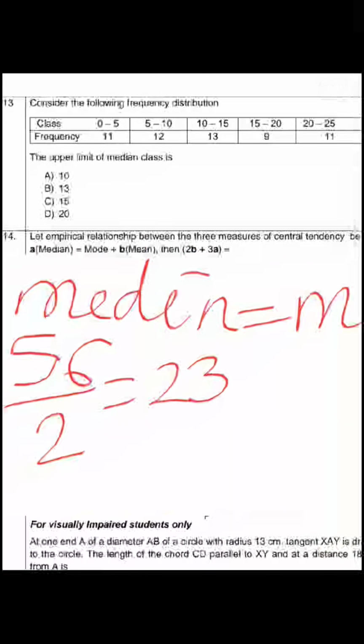Now see. We write here its cumulative frequency, CF. How we can write it? Just you write 11. 11 plus 12 here 23. Now the next is 23 plus 13, 36. 36 plus 9, 45, and this is here 56.